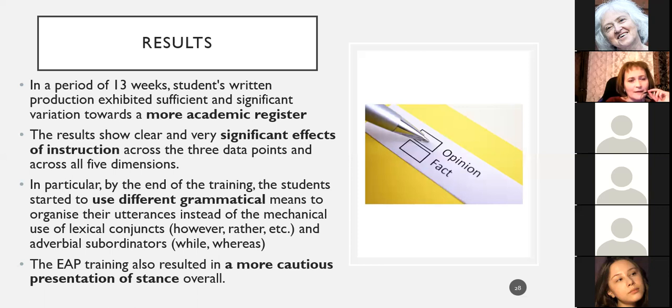And in particular, he found that by the end of the training, the Chinese students started using different, more advanced grammatical means to organize their texts than they used to before the beginning of the course. So finally, the EAP training resulted in a more cautious presentation of stance overall, which is also a vivid feature of academic discourse, of an academic text.